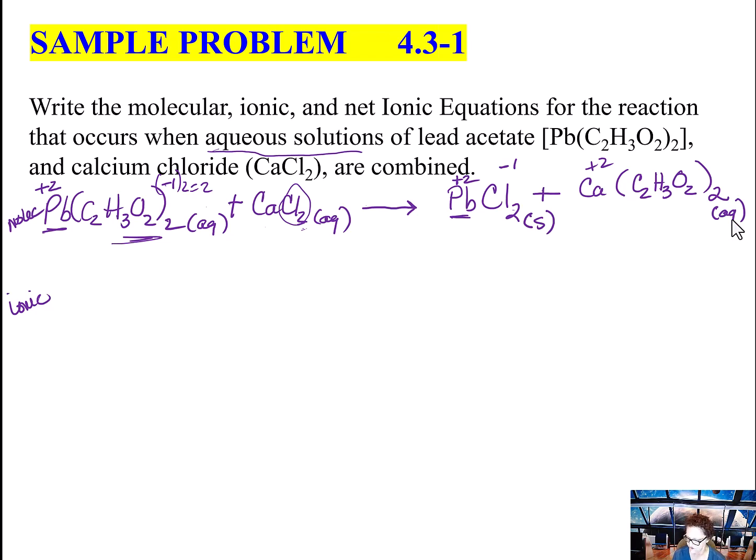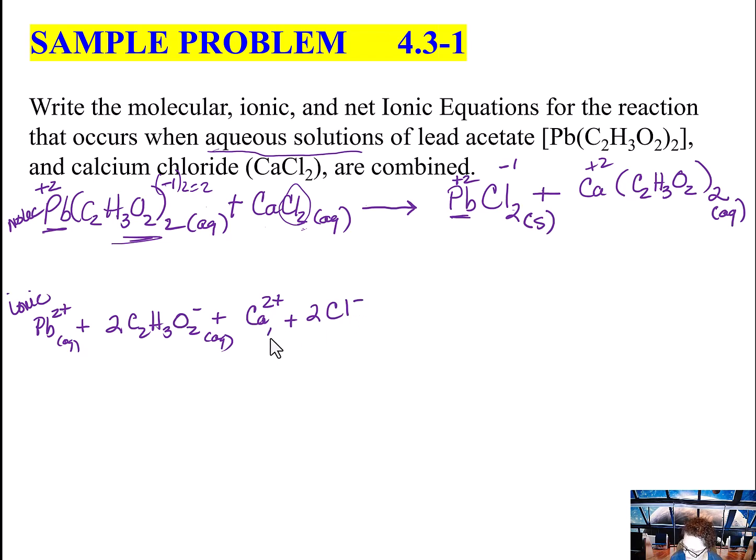Okay, so next I'm going to break those into their constituents. So I have Pb2+, 2 C2H3O2- ions, and again they're aqueous, plus Ca2+, 2 Cl-.